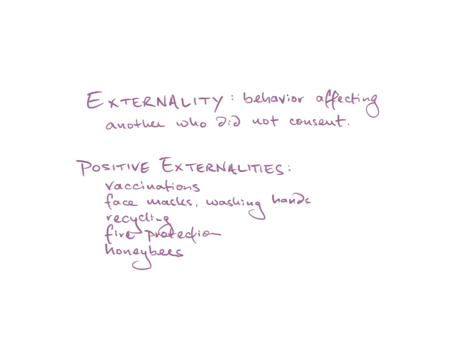I think this is hard. This is part of the difficulty the US and other countries have had with face masks, because we're accustomed to making our own decisions about whether to engage in risky behavior based on the risk to ourselves.